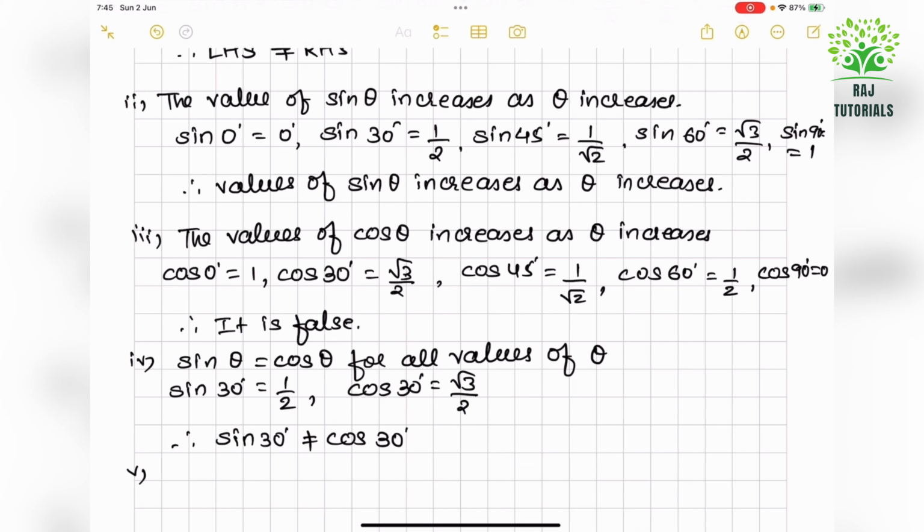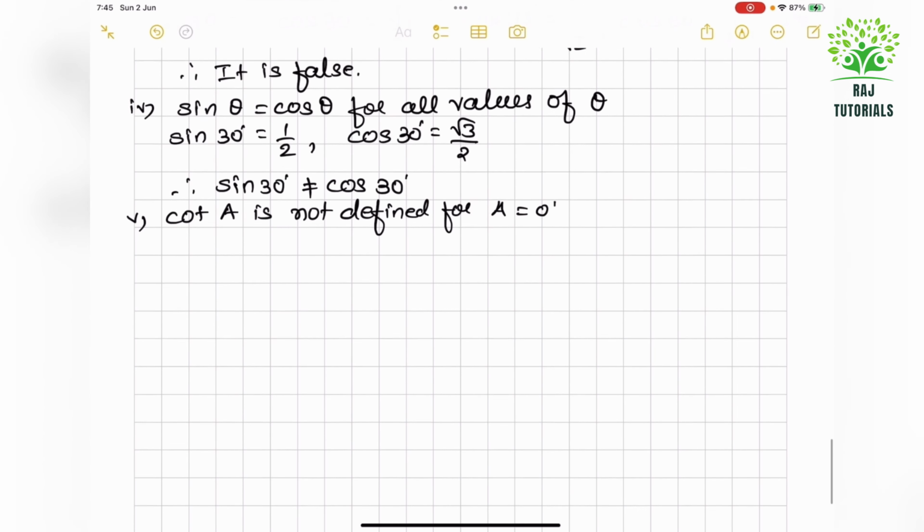Then fifth one says cot A is not defined for A equal to 0 degree. So cot 0 degree is equal to cos 0 upon sin 0.